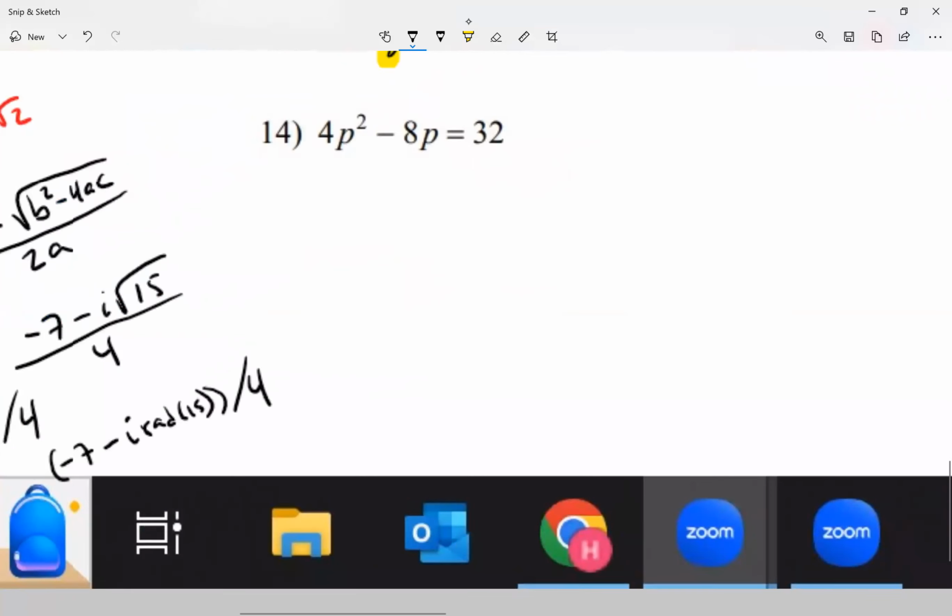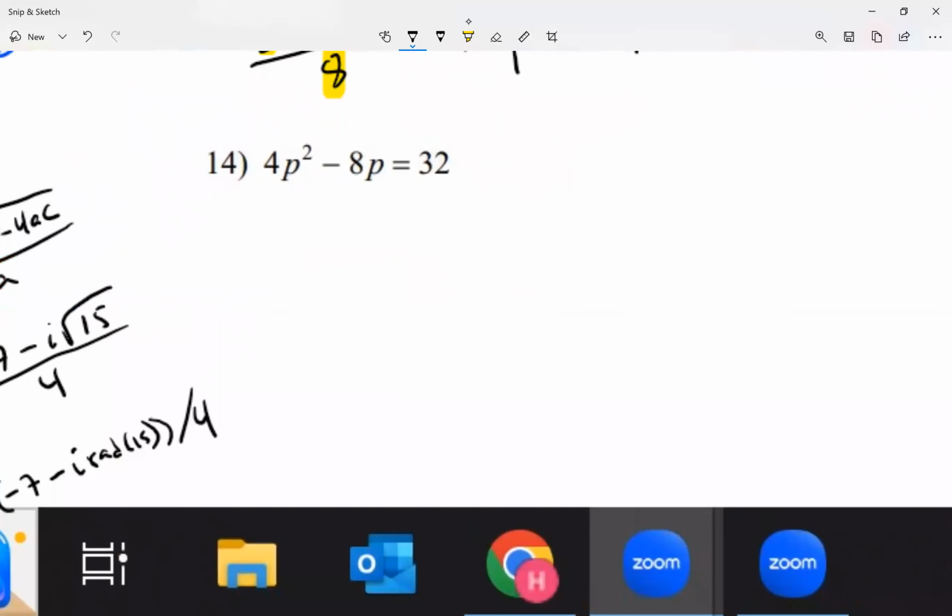All right, let's take a look at number 14. I'm going to solve this. Let me move everything to the left. So I have 4p squared minus 8p minus 32 equal to 0.